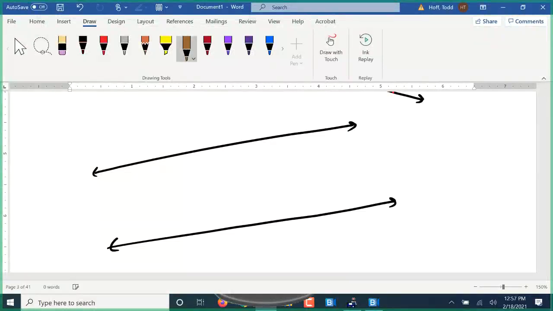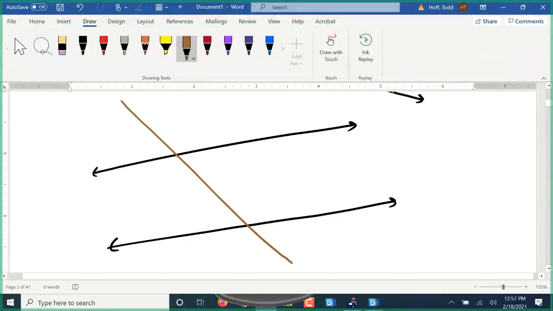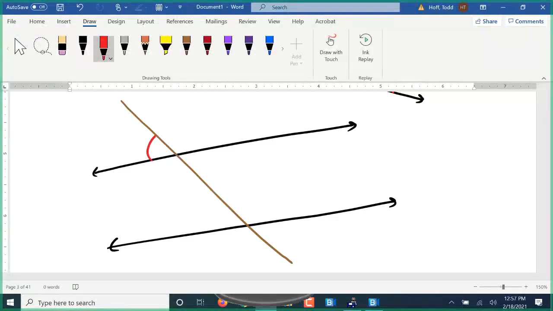We talked about that transversal that cut across. If I give you this angle here as being 72 degrees, 18 minutes, 21 seconds, what's angle 2 have to be? Actually, let's skip angle 2. Let's go down here.